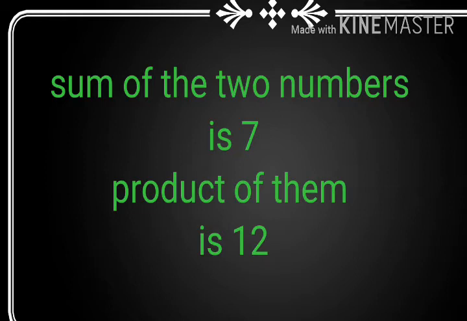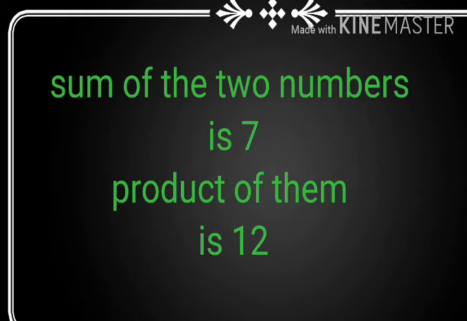Here B is negative 7, so no need to take the symbol. What is the number? 7. So the sum of two numbers is 7. The product of the same two numbers is 12. Here the product is positive, so the sum of the two numbers will be the magnitude of B.